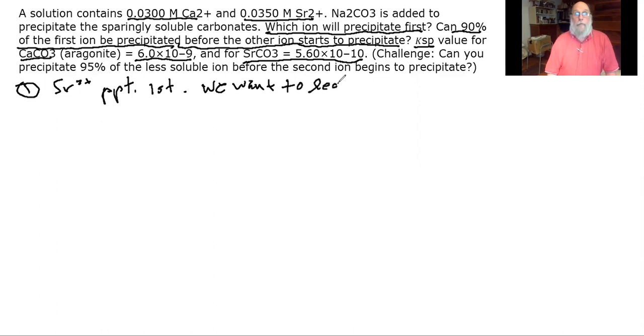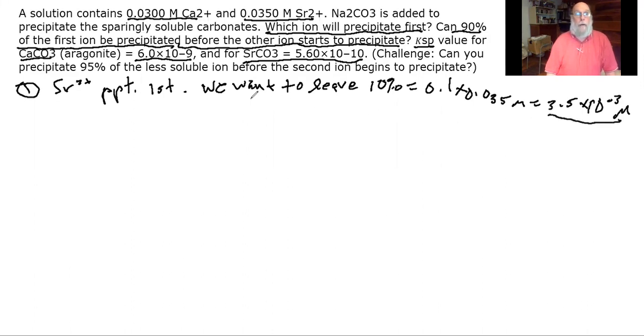So we want to leave 10% behind. So that equals 0.1, 10%, times, what do we have, 0.035. So that equals 3.5 times 10 to the minus 3 molar left.